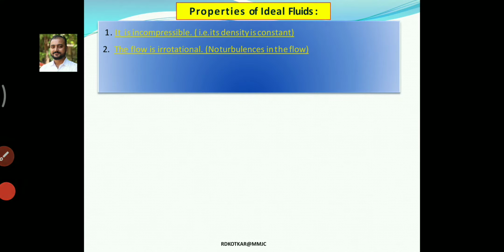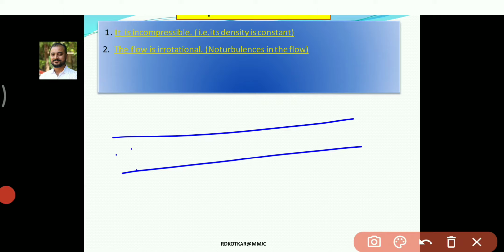Second, the flow is irrotational, that is, no turbulence in the flow. What is turbulent flow? Remember, here the flow is irrotational, meaning there is no rotation. If you consider liquid flowing through a pipe, each particle of the liquid can move with a different velocity.